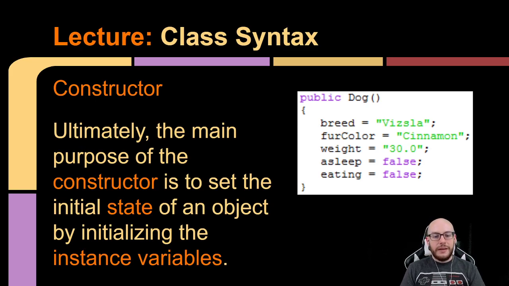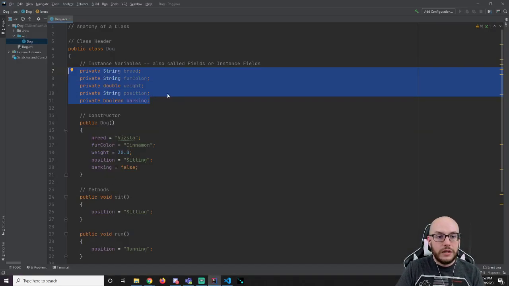I have this memorized, and I pound it into my students that they need to know this. I want to ask repeatedly, what is the main purpose of the constructor? And that is to set the initial state of the object by initializing the instance variables. Initializing, what are we talking about? Setting values. Right? These instance variables are declared in the body of the class, but they don't have a value.